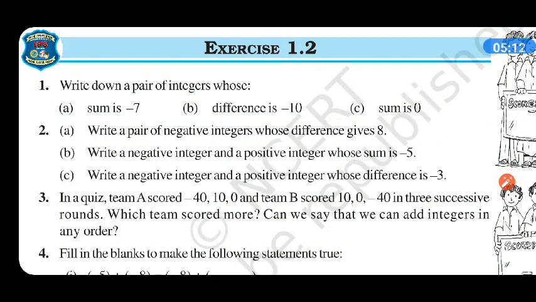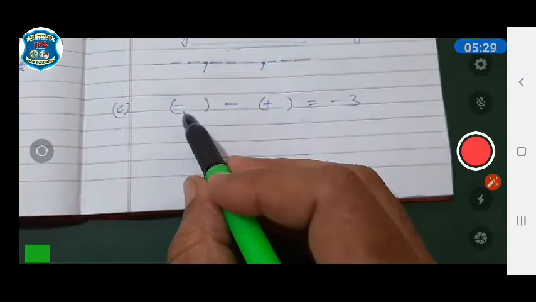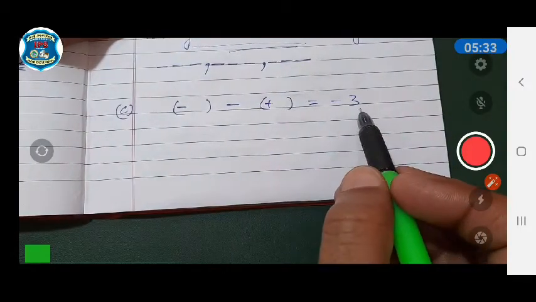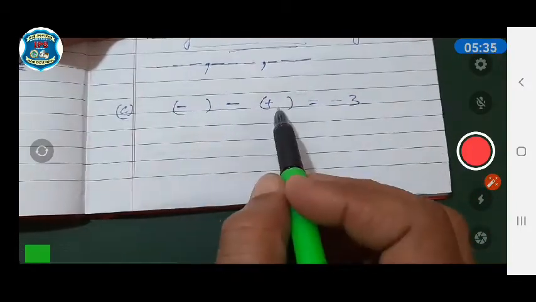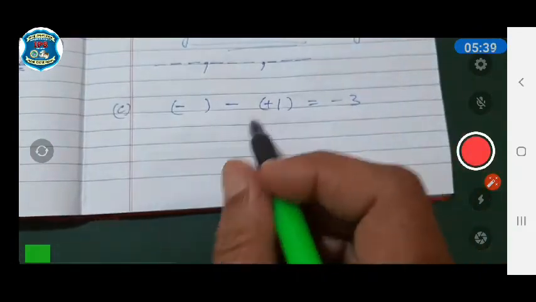So the C part is: write a negative integer and a positive integer whose difference is minus 3. A negative and a positive and the difference. So let us see. See, a negative integer and a positive integer, and the difference must be minus 3. So it is minus, it is plus, and here it is minus. Let us write 1 here. Then what should it be?